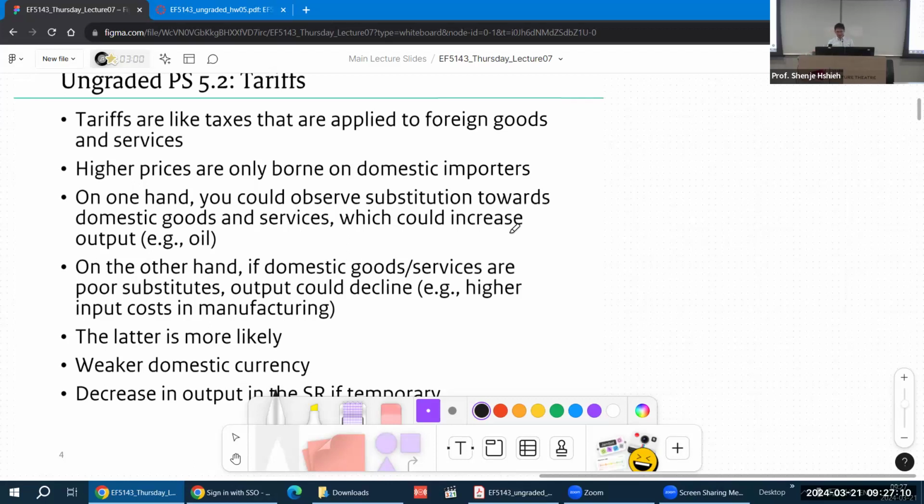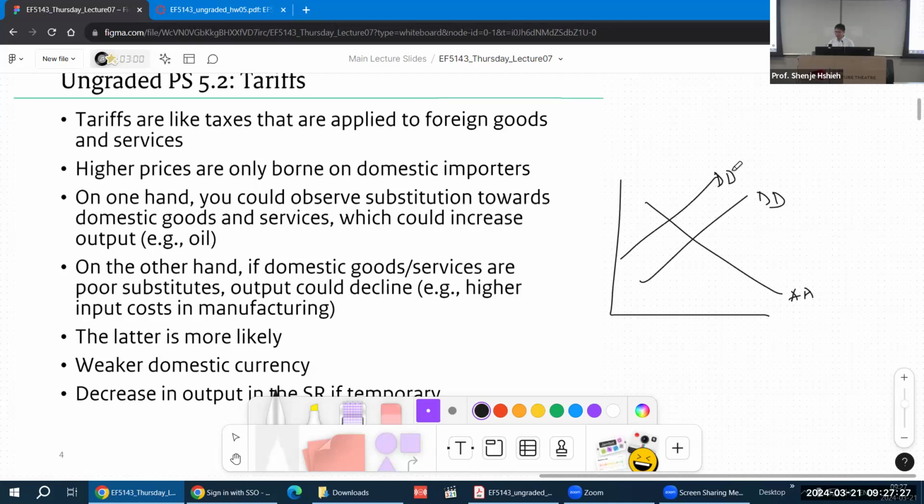You can just do the analysis that we did last week, in which, as opposed to shifting the DD schedule to the right, we just shift it to the left. Then you do your permanent and temporary case analysis the same way, without doing too much thinking. We just think of the tariff as a blanket tax increase for everybody. If that's the case, then everyone has less disposable income, and as a result we're going to have an output shock.